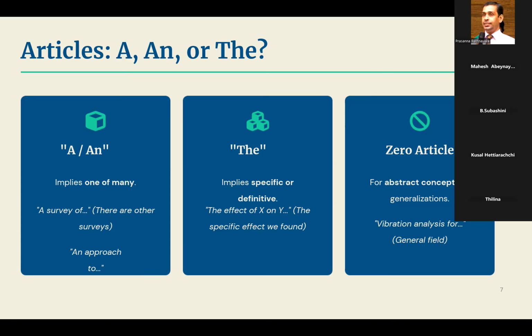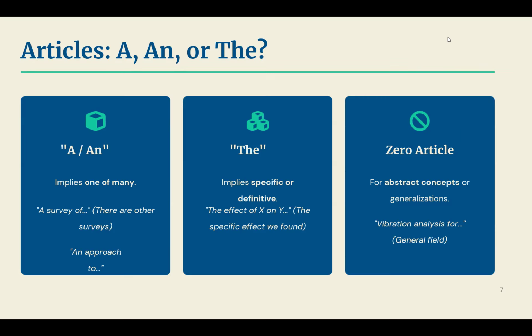So you see, "the effect of X on Y," the effect of one thing over the other. So you are reflecting on that definitive thing in the very first place, in a definitive sense.